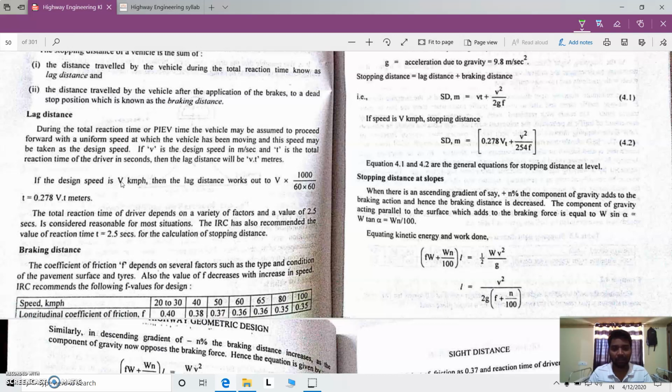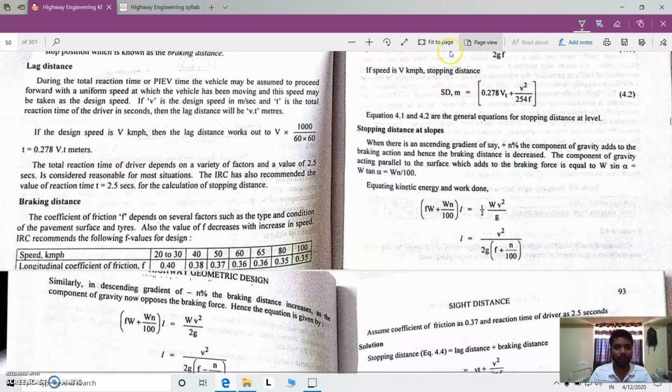The vehicle travels the lag distance during a time, that is the total reaction time. This time is recommended by the Indian Road Congress as 2.5 seconds for calculating stopping sight distance. That means whenever you calculate the stopping sight distance, you need to consider t as 2.5 seconds for the lag distance.